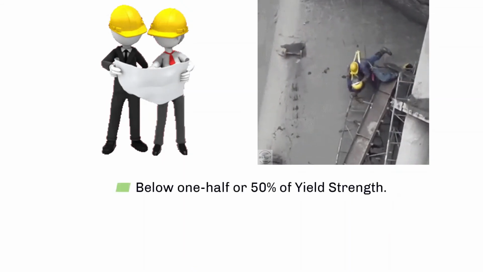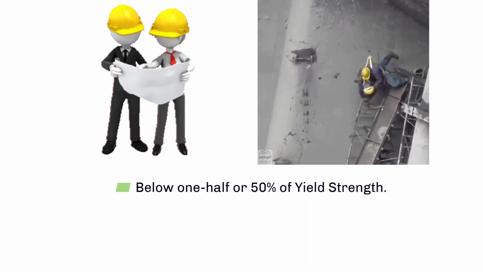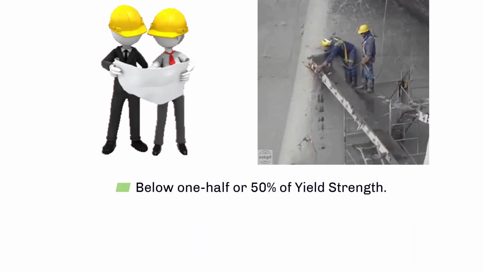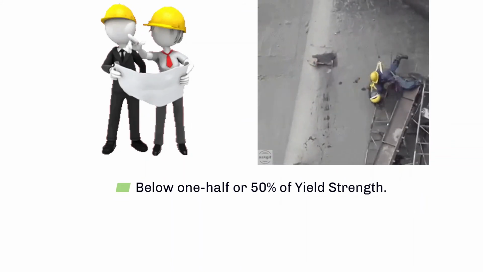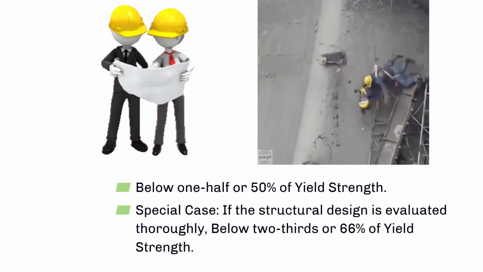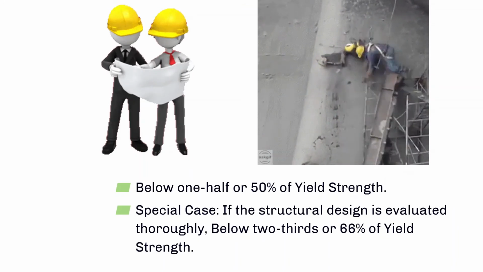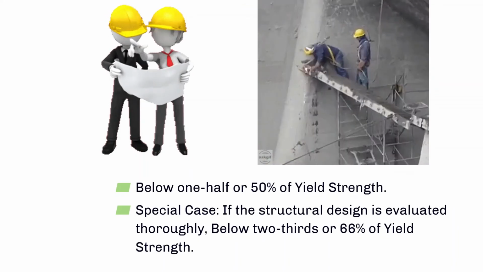Typically, dapat i-consider lang natin ang 50% ng yield strength ng ating material, or sa special case naman, pwedeng 2/3 or 66% as long as na-evaluate natin mabuti yung ating structural design.